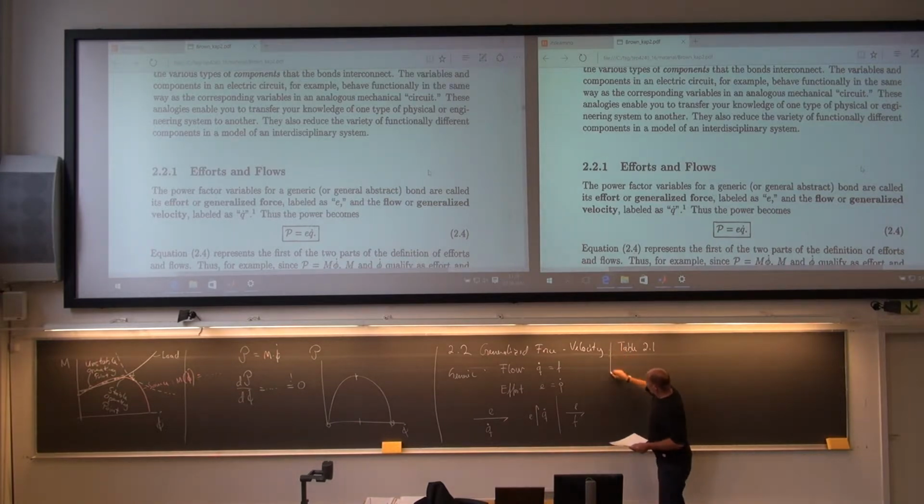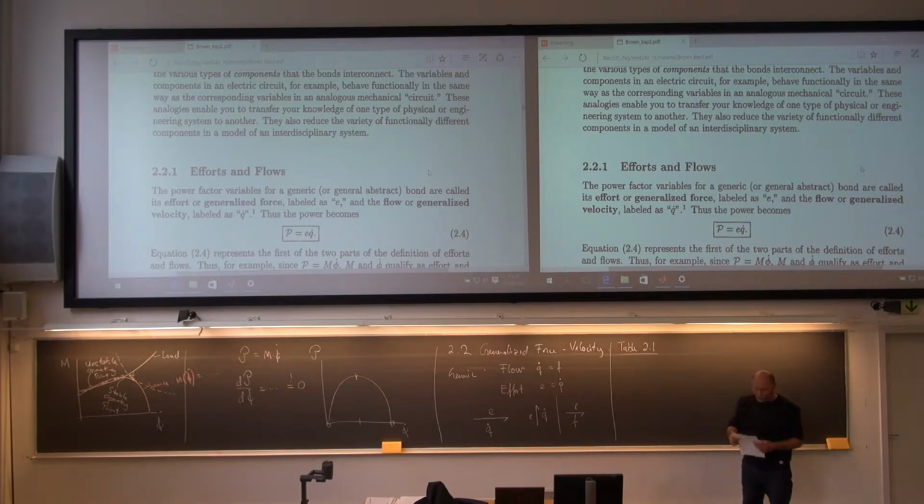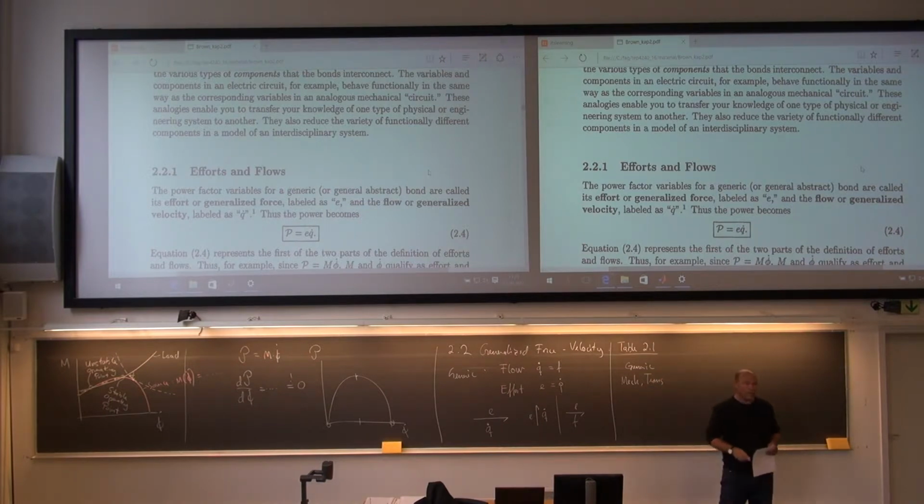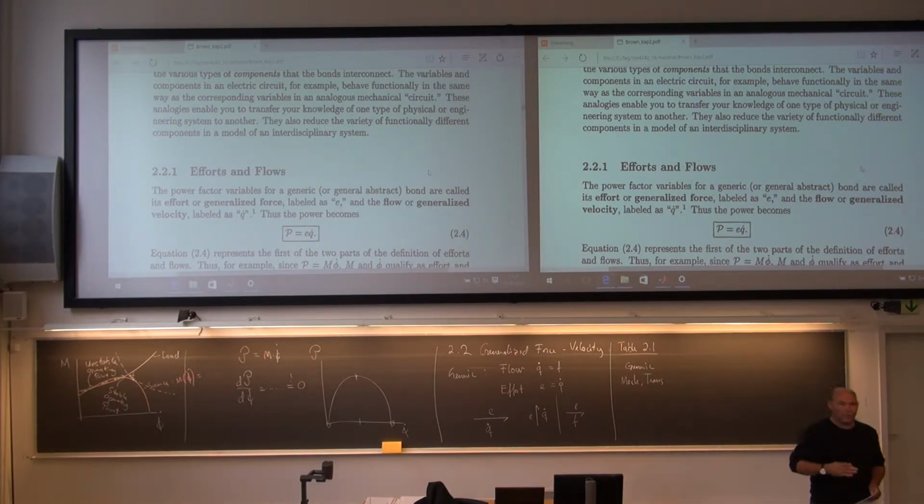So, okay, let's now set up this table 2.1. We start with the generic. Then I want mechanical translatoric, meaning just back and forth, straight line motion.